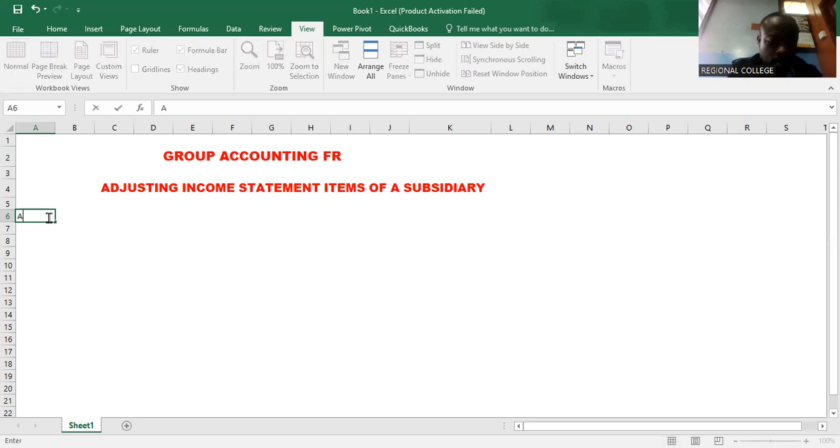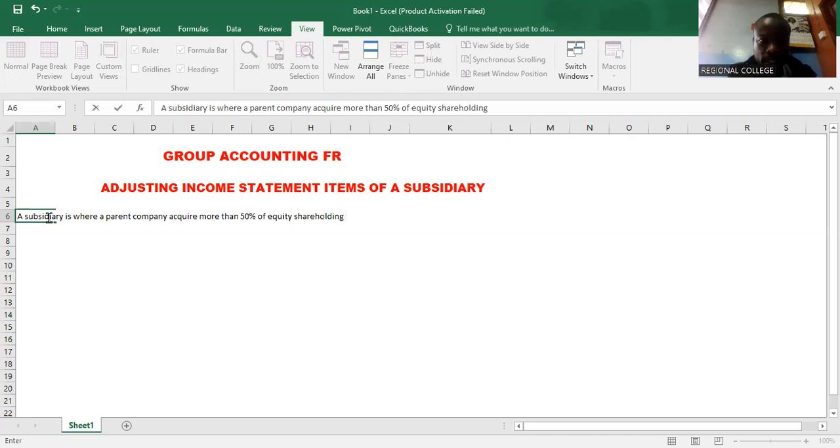So a subsidiary is where a parent company acquires more than 50% of equity shareholding interest.